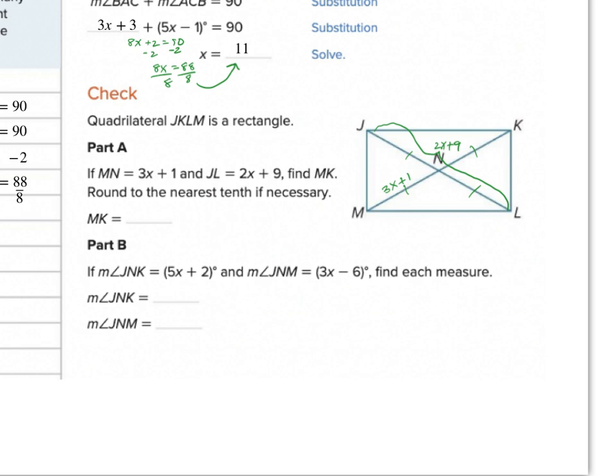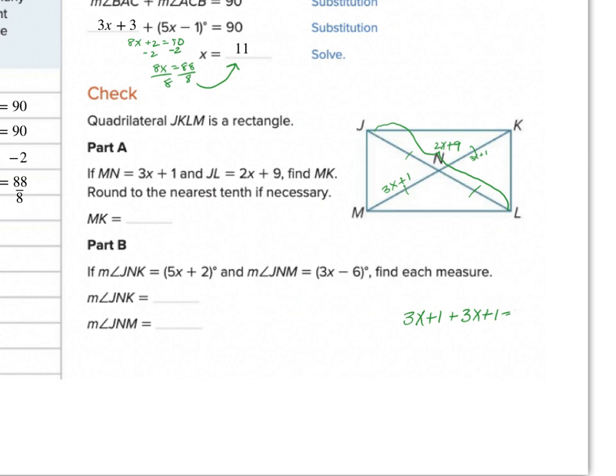Well, MK, they want a number, right? So we know that this plus this, this entire length, is equal to this entire length. So I have 3x plus 1 plus 3x plus 1, because this is also 3x plus 1, right?